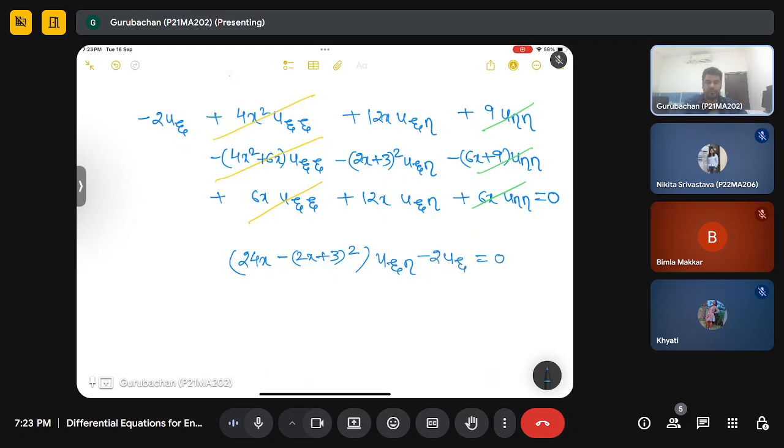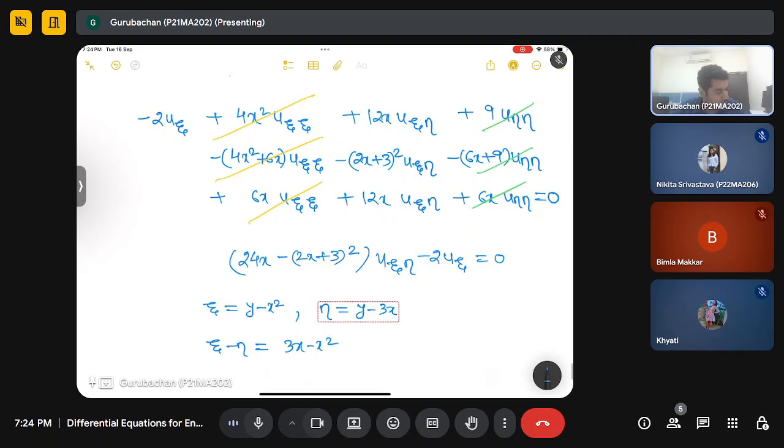Okay, so we know the values of xi and eta as y minus x square and y minus 3x. So we need to transform this term. How can we transform it? We know that xi is y minus x square and eta is y minus 3x. So what will be xi minus eta? y will cancel out, so this will be 3x minus x square.